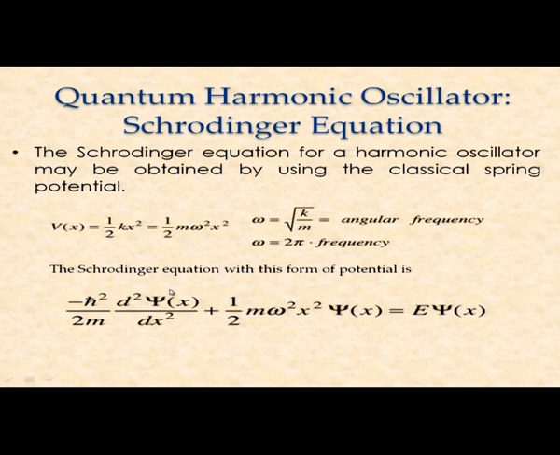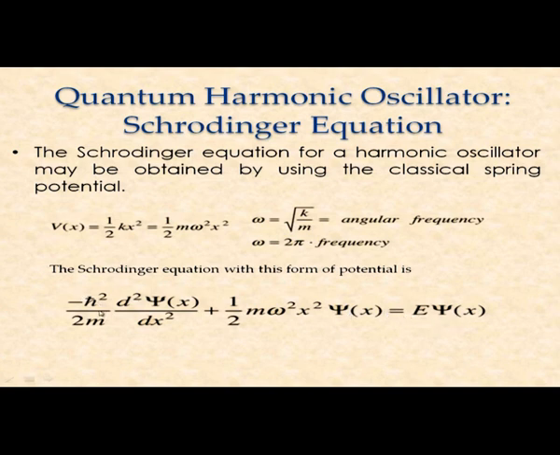We know fast moving electron or any matter will exhibit a wave like property. So, that wave function of the electron is taken into account here, and this term came in this equation, plus half m omega square x square psi of x, which is nothing but the classical spring potential, which is equal to E psi of x.